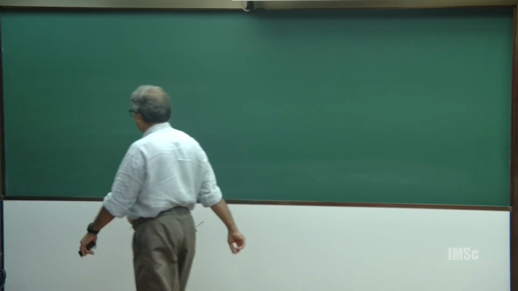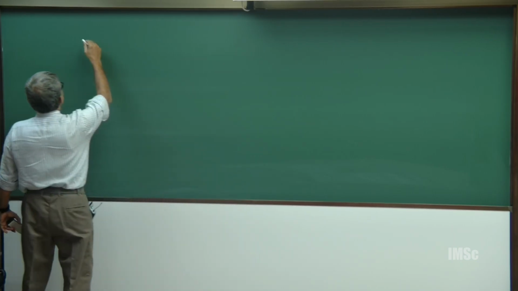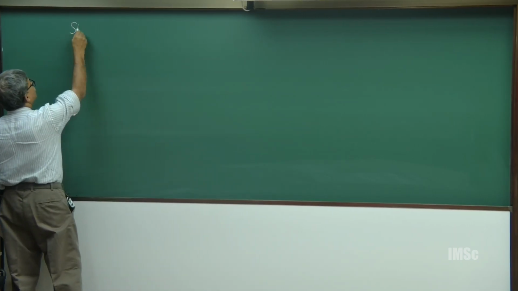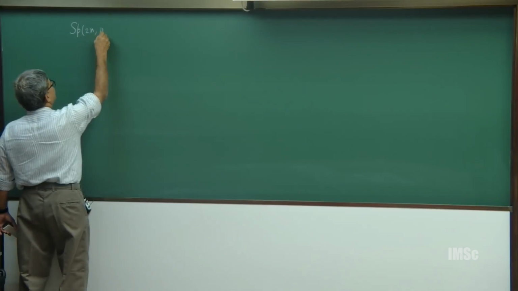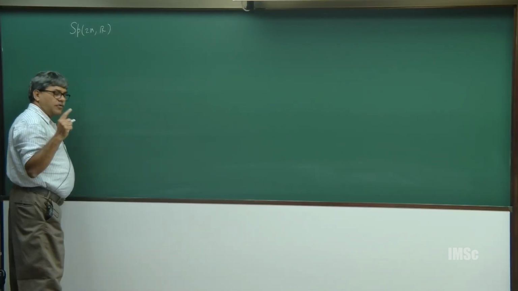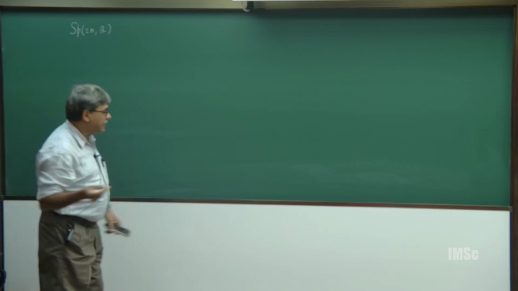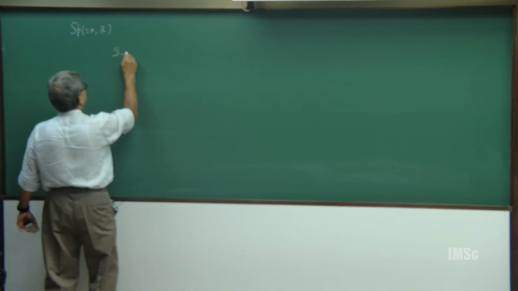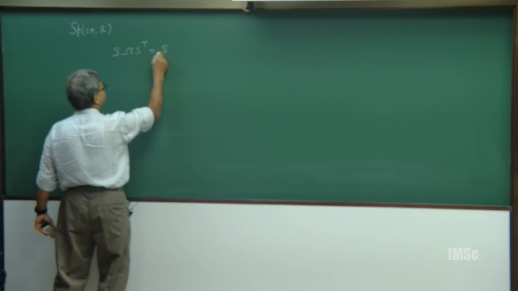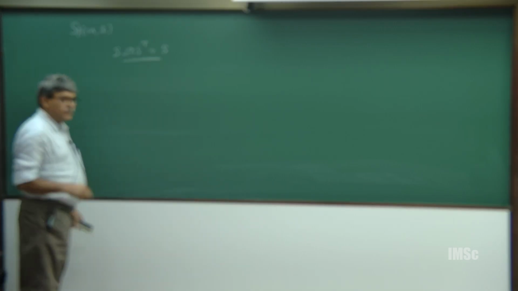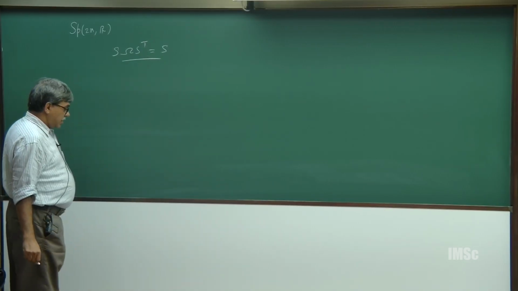So what I said is that if I take this group Sp(2n, R), which is the group of 2n cross 2n real matrices satisfying this condition, that S omega S transpose is equal to omega.